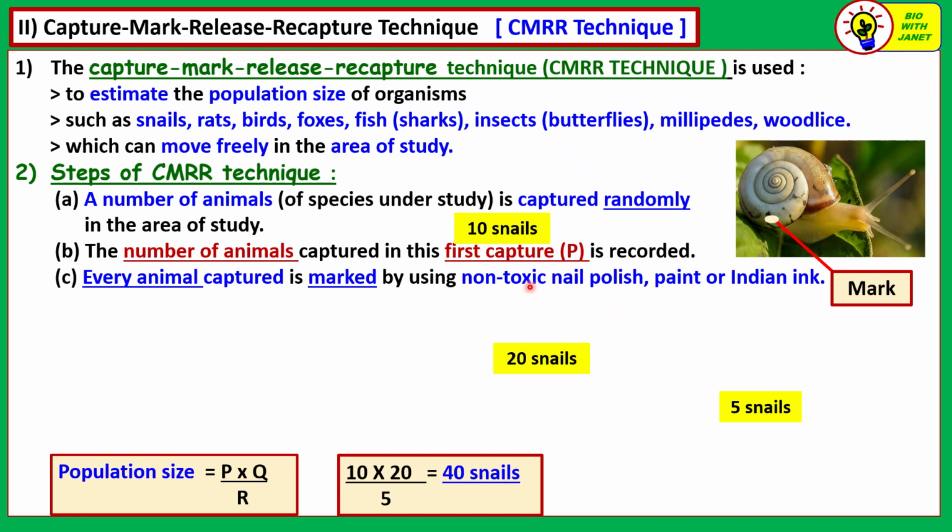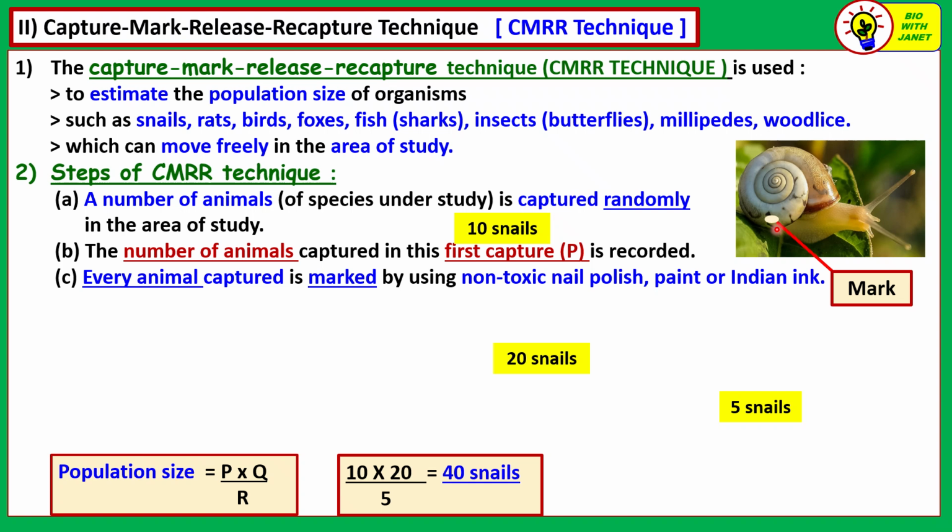So the mark, what are the characteristics of the mark used? So the substance used to mark the animal must be non-toxic. That means not poisonous, okay, as shown here, right? So it doesn't harm the individual, and also it must be able to stay and withstand the effect of rain, so it doesn't dissolve in the rain water, okay?